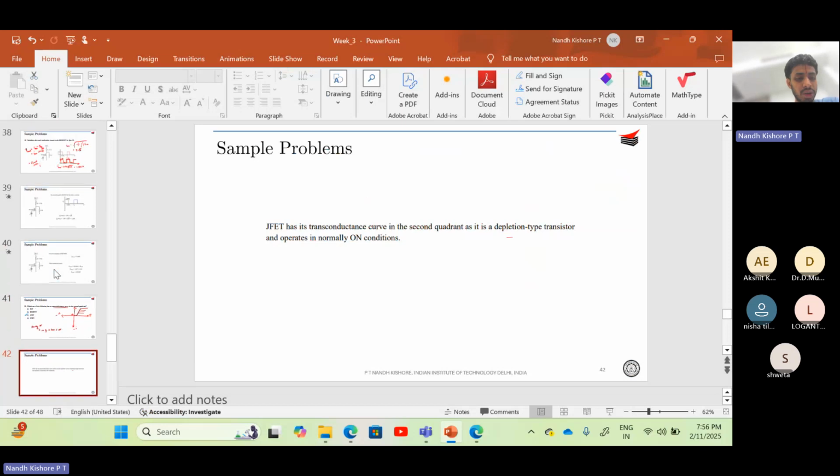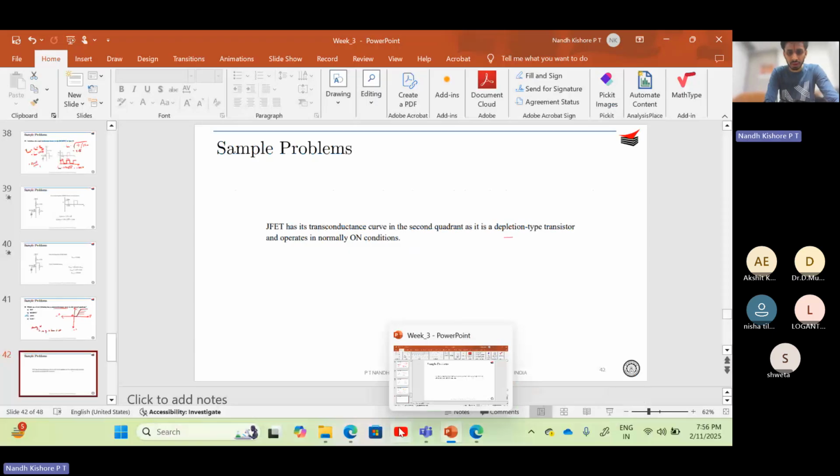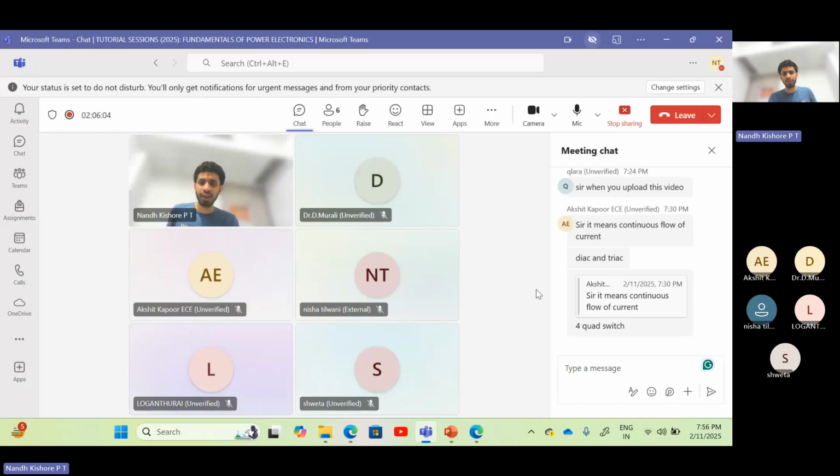So till this point, any doubt so far, or we can close for the day with this. Any doubt so far, please do tell, or else we can close for the day. We have pretty much covered the questions that I had planned for the day. If you don't have anything, we can just stop over here.